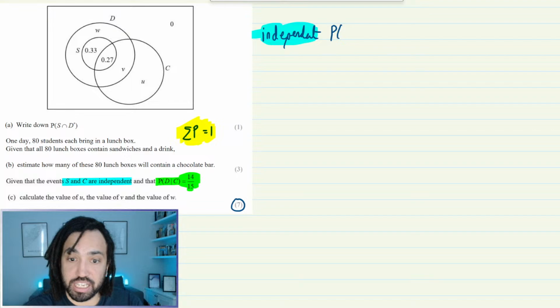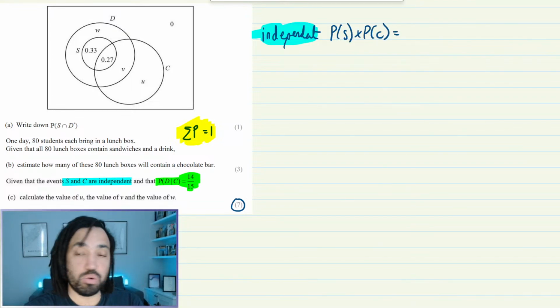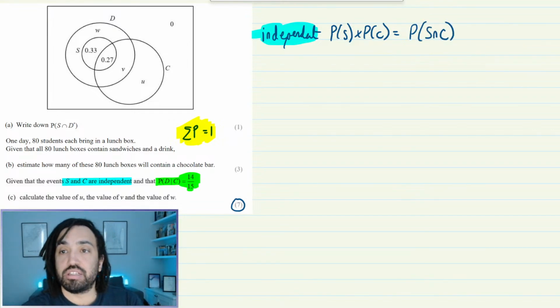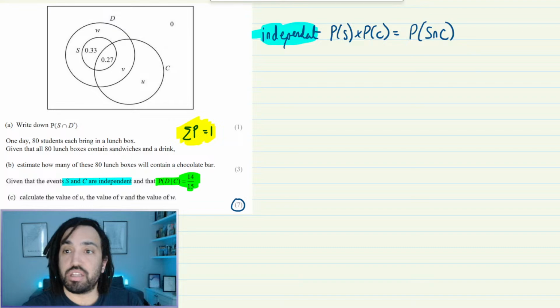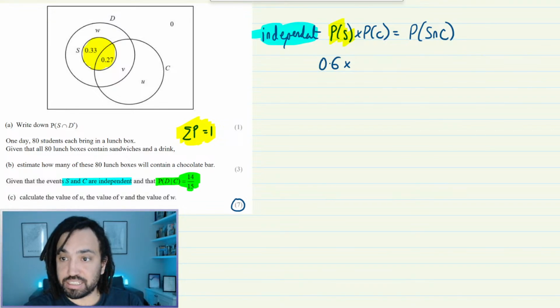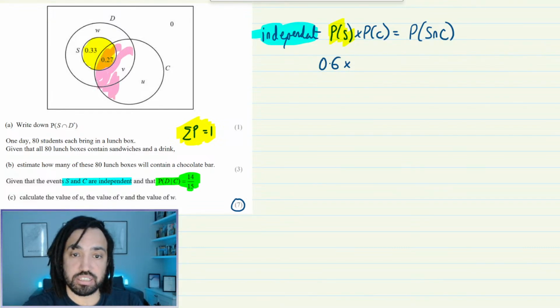Independence means the probability of S times the probability of C is equal to the probability of the intersection of S and C. Right, so let's colour it up then. The probability of S is all of this. So that's 0.6 times the probability of C, which we can see is all of this.